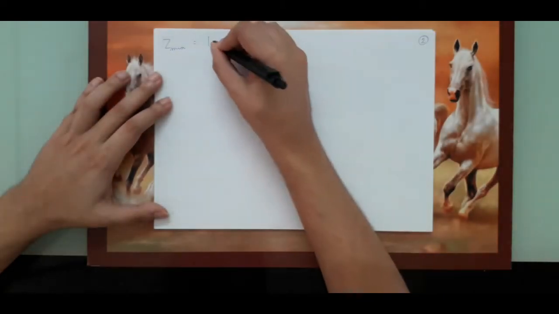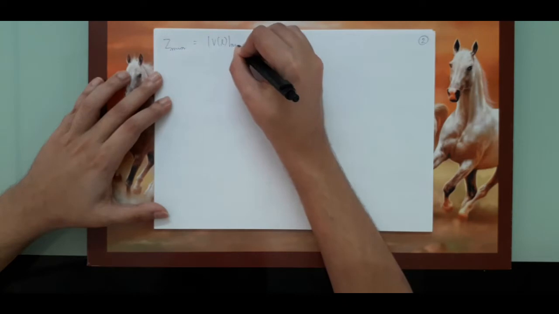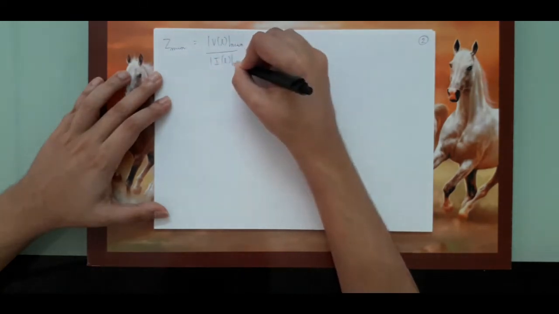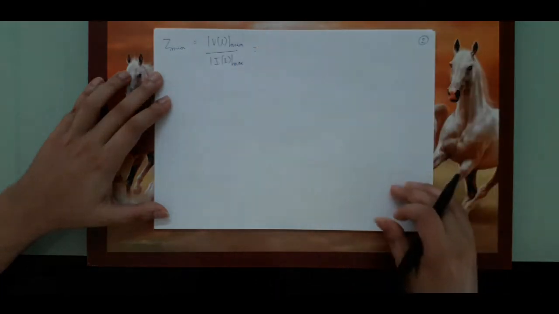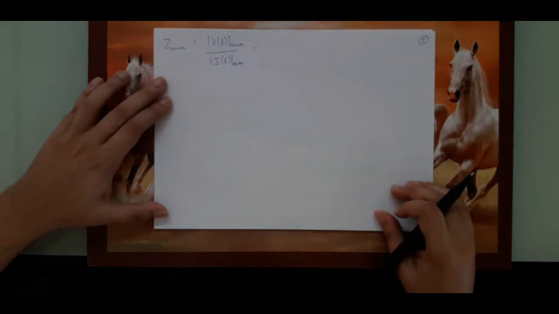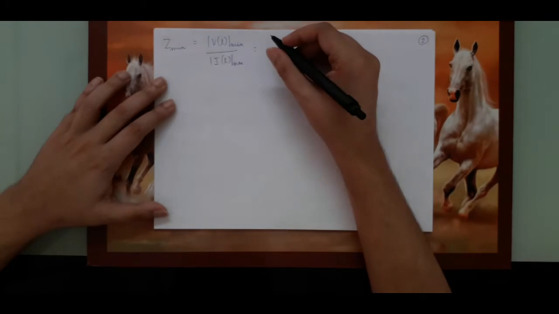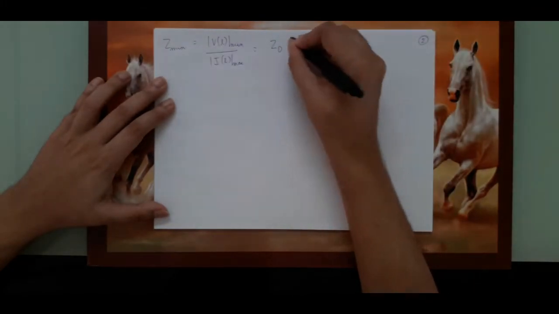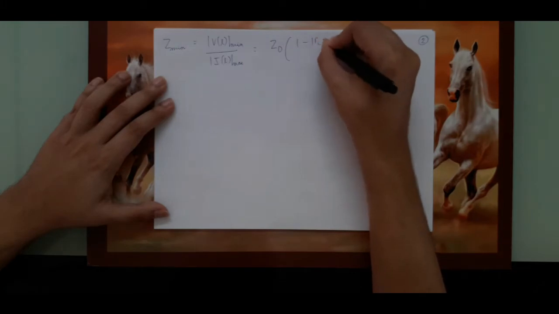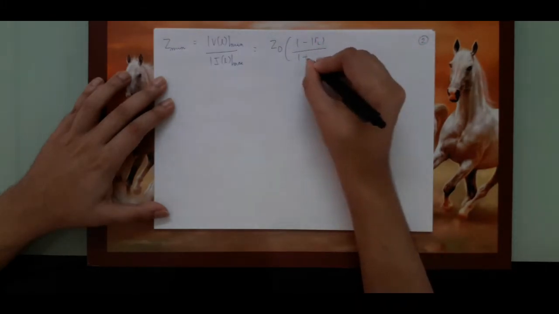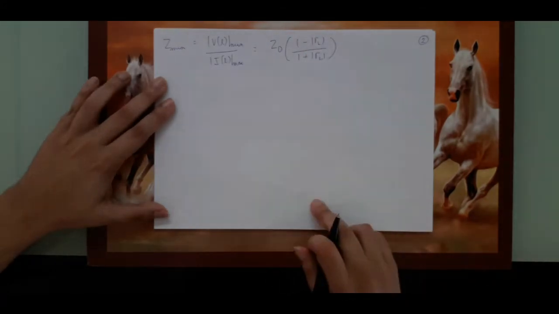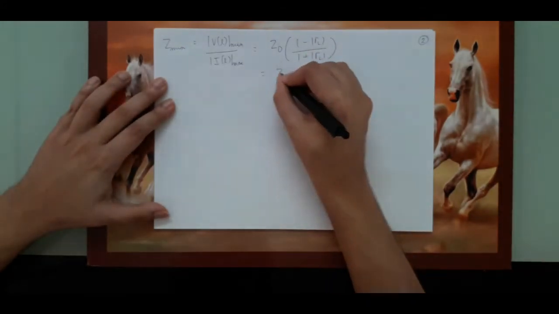So this is nothing but VL min divided by IL max. So what would this be? You will get this is nothing but Z0 times 1 minus mod gamma L divided by 1 plus mod gamma L. Again, this is nothing but 1 by rho. So this is Z0 by rho.